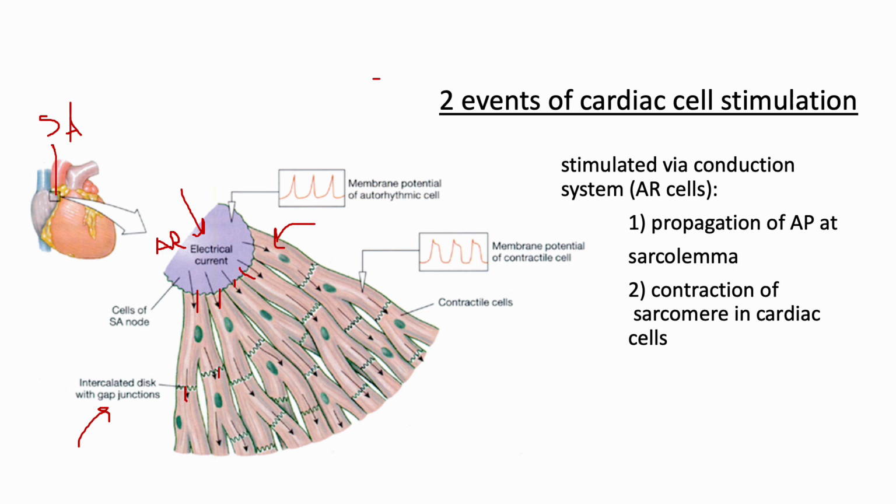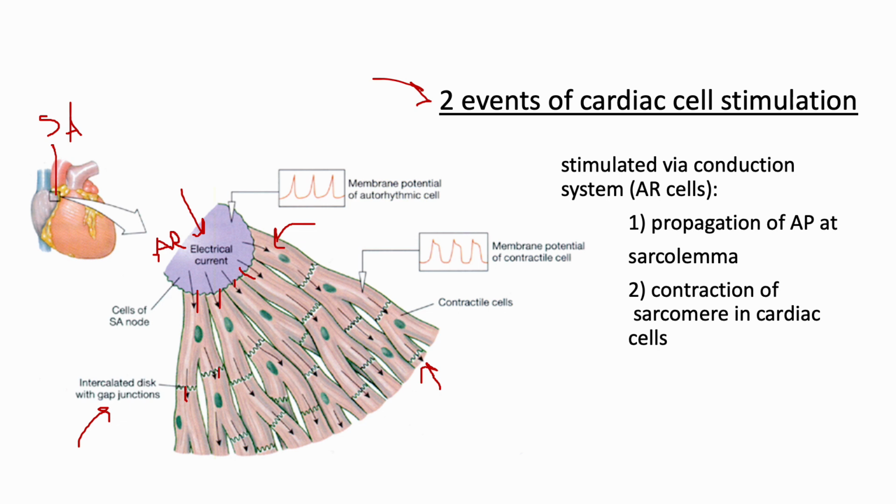Now we need two events to occur if we want these cardiac contractile cells to contract. They're going to be stimulated by the conduction system, these autorhythmic cells, right? We're going to get spontaneously depolarizing autorhythmic cells, and that current is going to spread via gap junctions to the contractile cells.